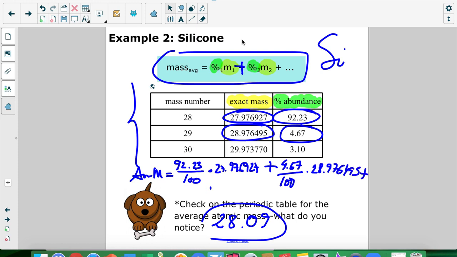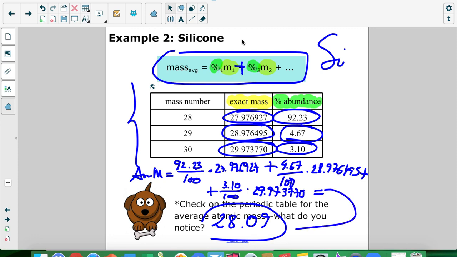Plus, because there is a third isotope, the abundance of the third isotope, which is going to be 3.10 divided by 100, times the mass of the isotope of silicon 30, the third isotope. So that's going to be 29.973770. If you actually add all these numbers up and you plug those numbers in your calculator, the answer that you're going to get is 28.09.